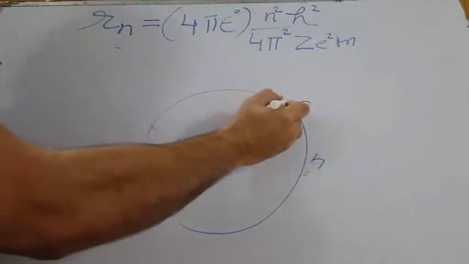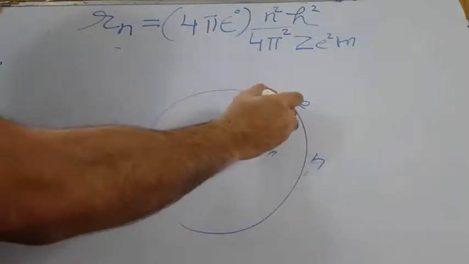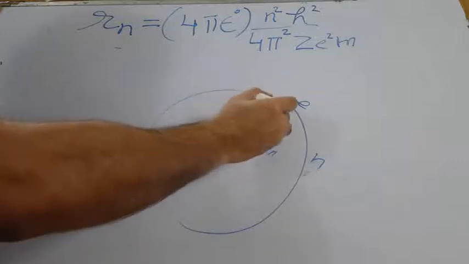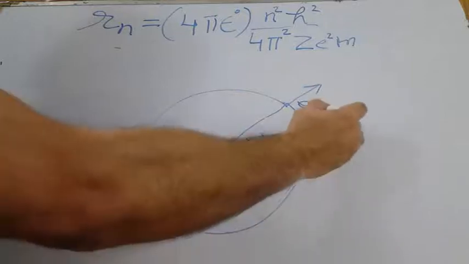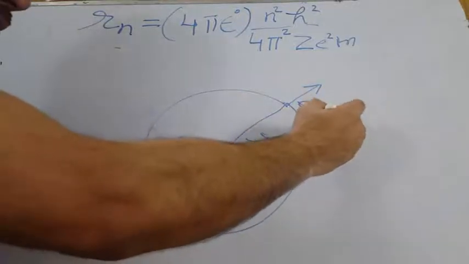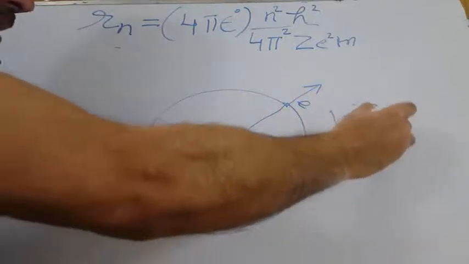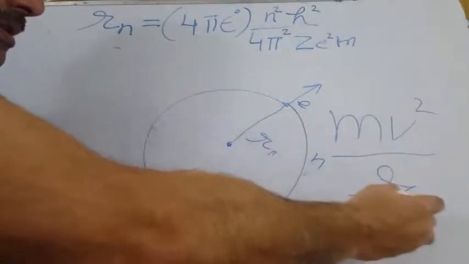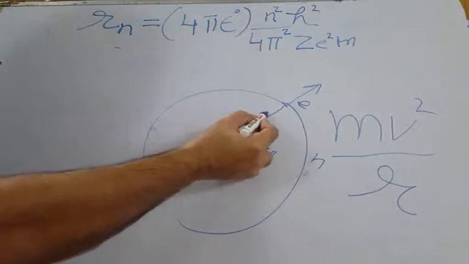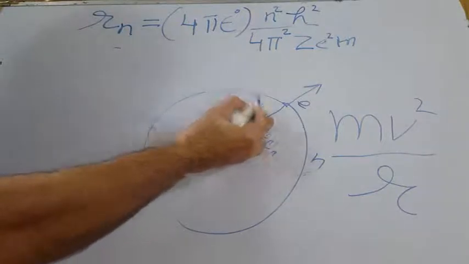Here this electron is experiencing two forces, one acting outward, that is a centrifugal force, which is given by mv square upon r. This is centrifugal force. Another is Coulombic attraction or Coulombic force.